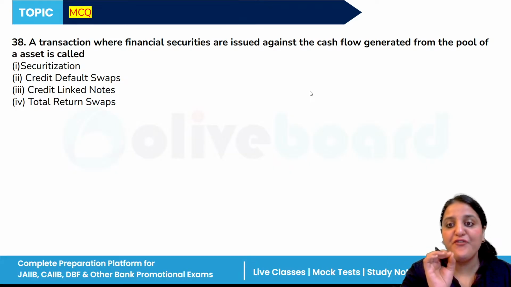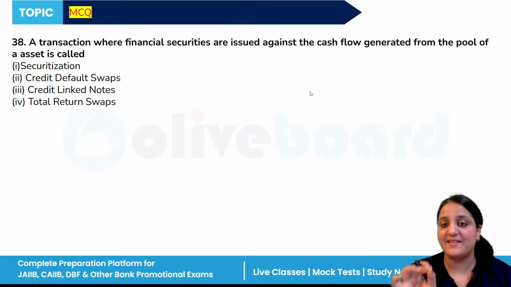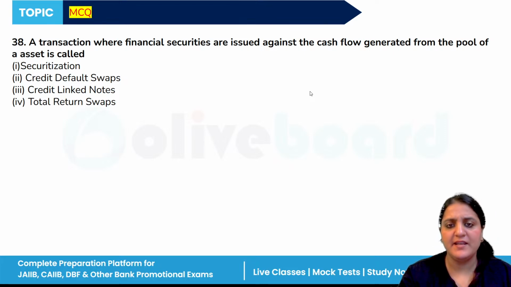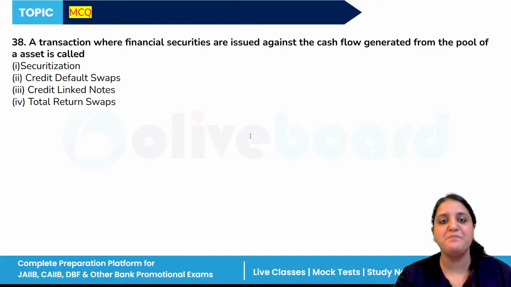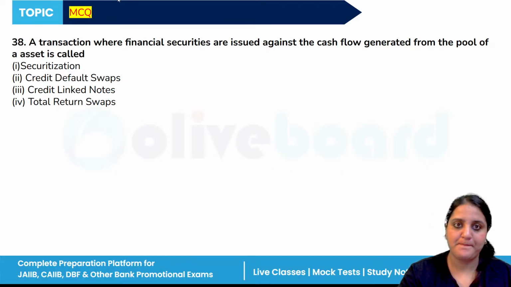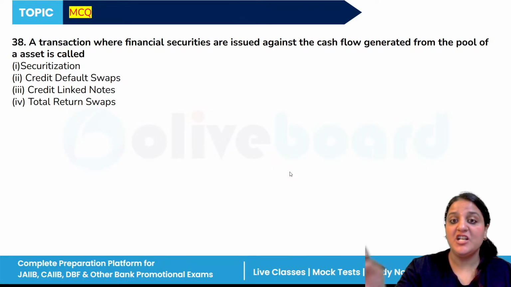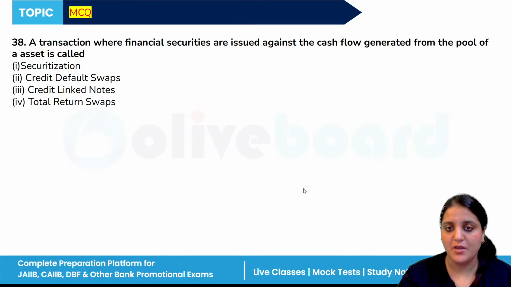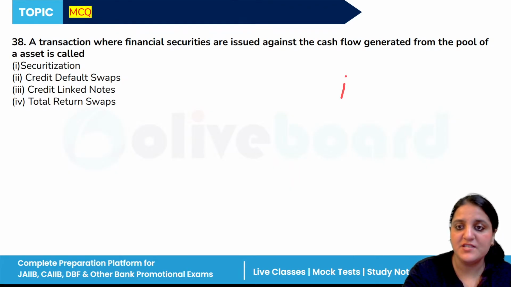Securitization is the financial process of pooling illiquid assets such as mortgages and credit card debt, and converting them into marketable interest-bearing securities. So in securitization, the bank converts the loans into marketable securities and investors receive the cash flow. So the option first is correct.